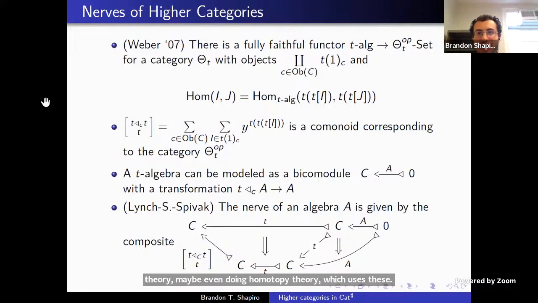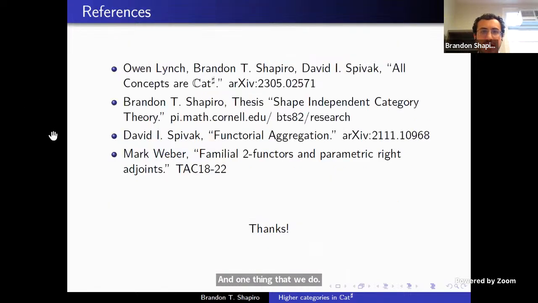in your computational language. And with regard to the other part of your question, the categories are polynomial comonads and algebras for a monad on graph, and also monads in the category of spans. And one thing that we do in this paper, All Concepts Cache-Sharp, which is the main reference for the nerve result I talked about today as well, is we also at least initiate the discussion of how we would compare these different constructions of categories, how they all live together.